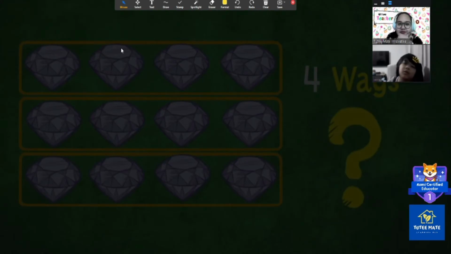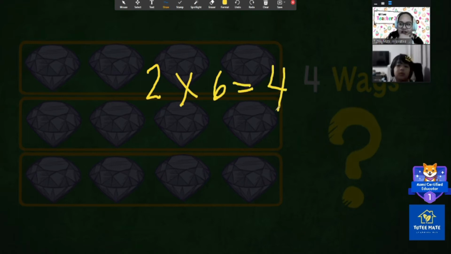Well, like 2 groups of 6, it's 12. 2 times 6 is equal to 12. What else?